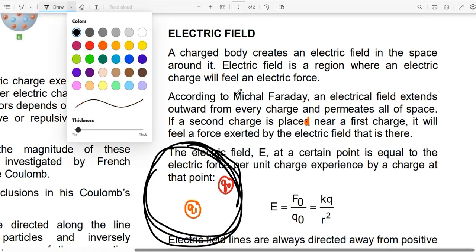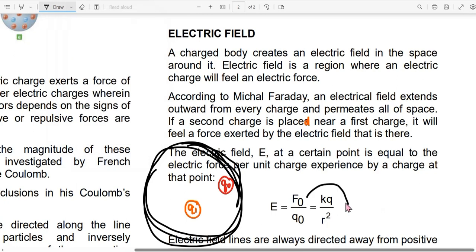So this F sub O is equal to K Q1 Q sub O over R squared. That's our formula. Divided by Q sub O, in which the Q sub O cancels.